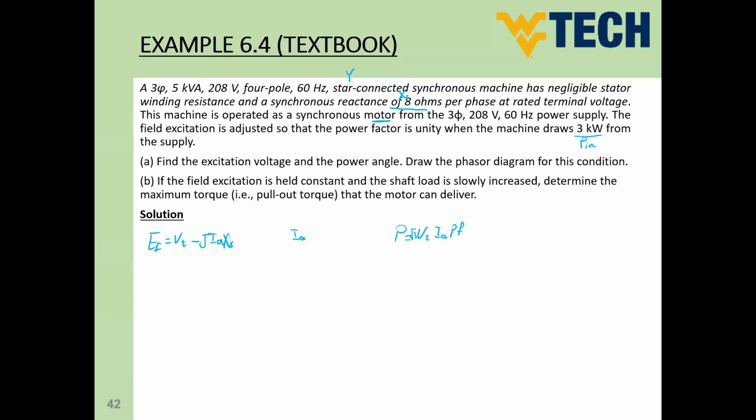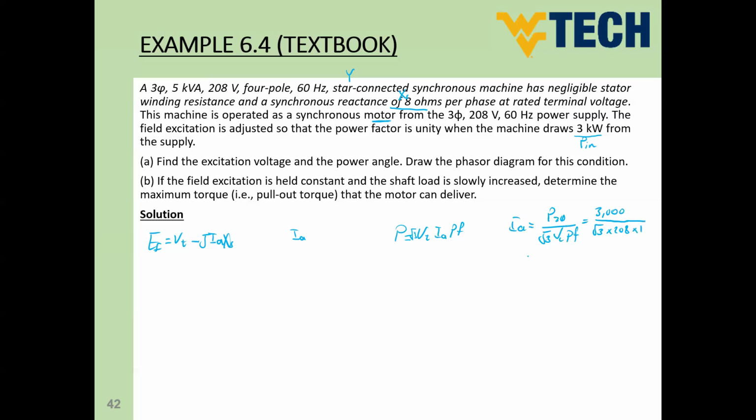For the time being, the power is 3 kilowatts. So let's substitute in this relation. So from here we can say IA equals power 3-phase divided by root 3 times V line times power factor. So we have 3 kilowatts, so 3000 divided by root 3 times V line, which is 208, and power factor is unity.